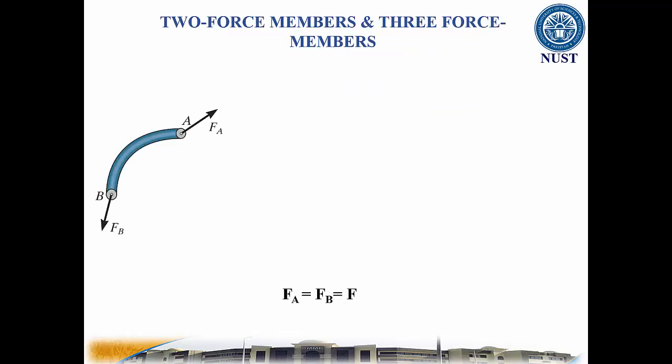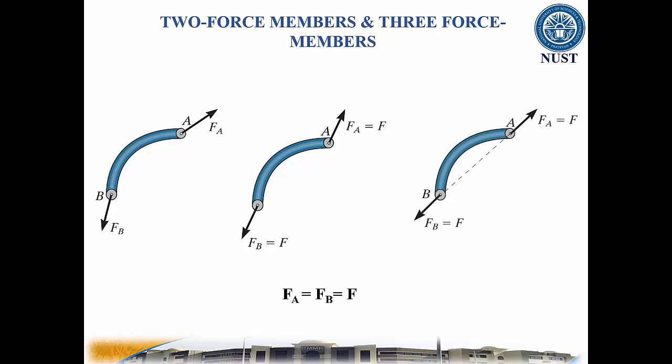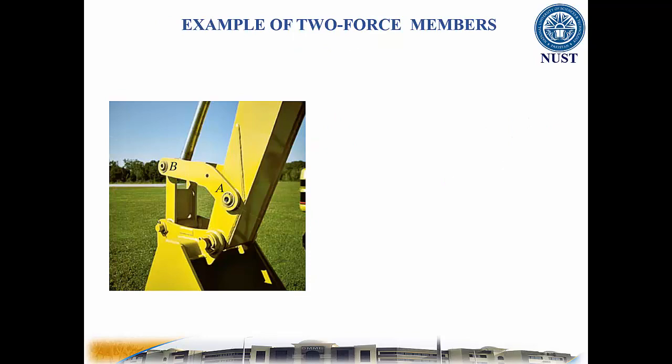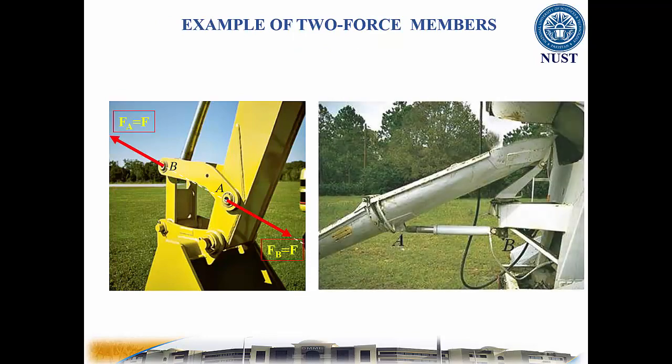The solution to some equilibrium problems can be simplified if we recognize members that are subjected to forces at only 2 points, for example at points A and B. If we apply the equations of equilibrium to such a member, we can quickly determine that the resultant forces at A and B must be equal in magnitude and act in opposite directions along the line joining points A and B. In the cases above, members AB can be considered as two-force members, provided that their weight is neglected.